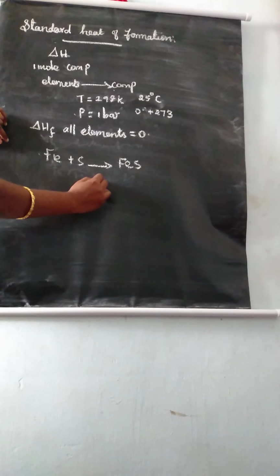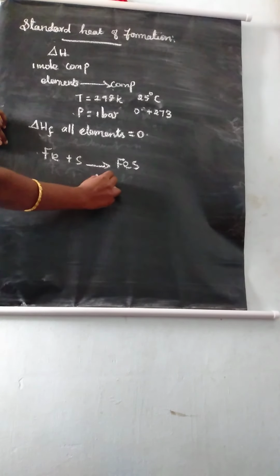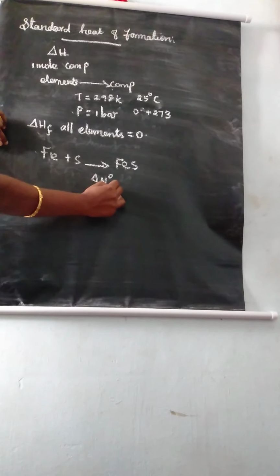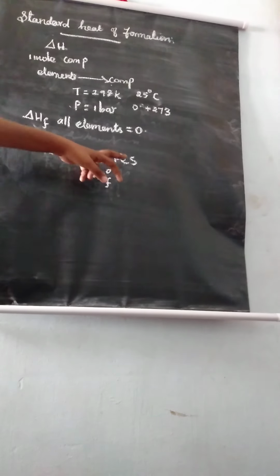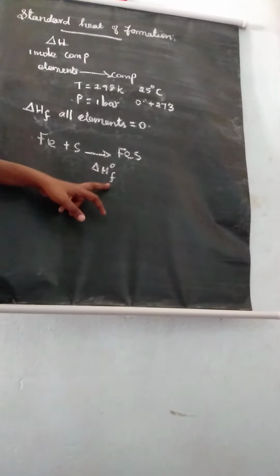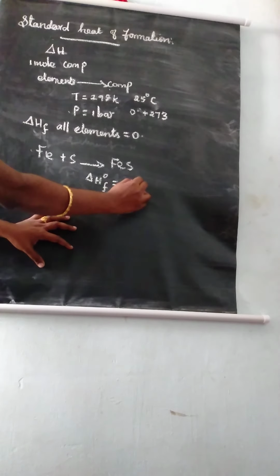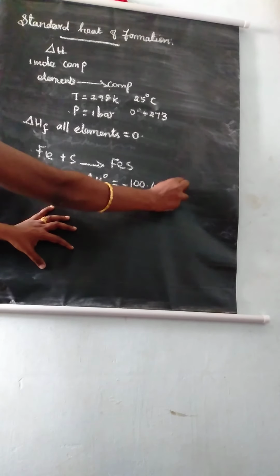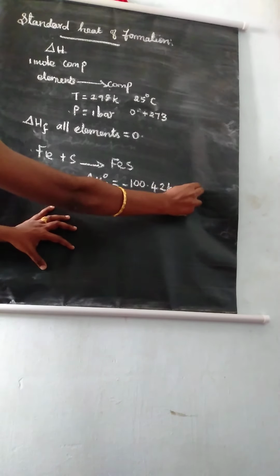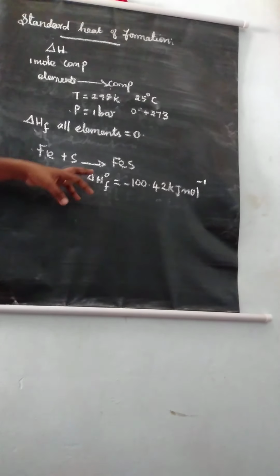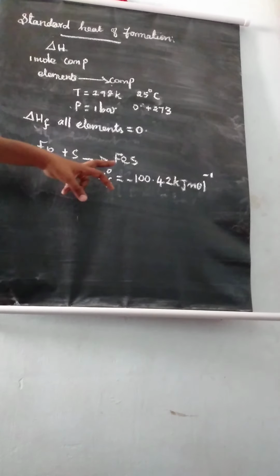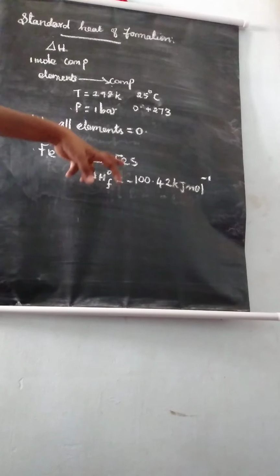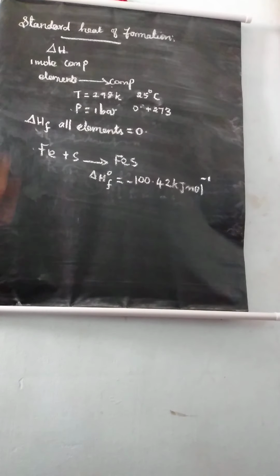Here the change in enthalpy takes place, the delta H naught f value. In this equation, for iron sulfide, the delta H naught f value is minus 100.42 kilojoule per mole.